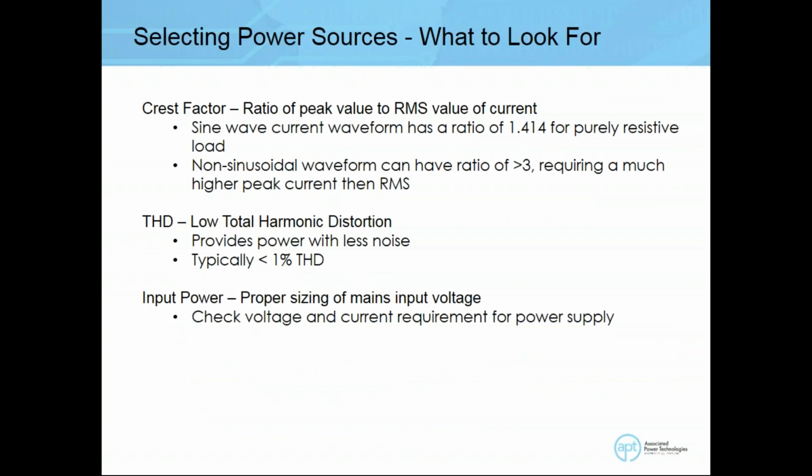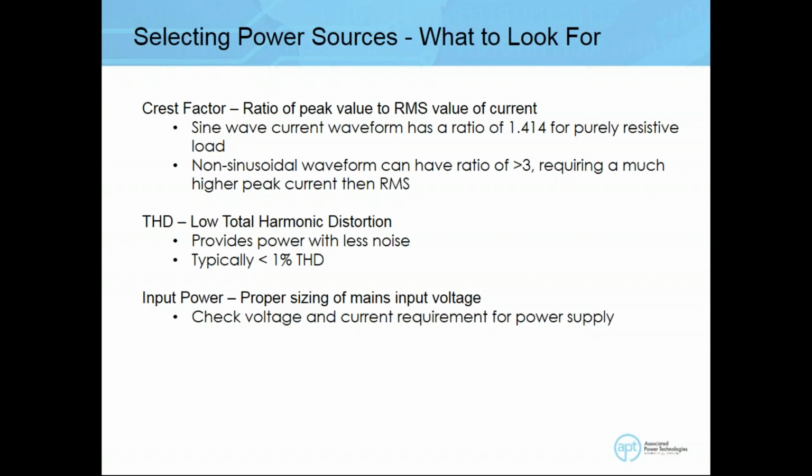Crest factor. When we have non-ideal loads, they would skew the sine wave in such a way where the peaks are much higher versus the RMS value. So when you have a much higher crest factor, you want to make sure that the power source is capable of driving these loads. A motor, an inductor, or some combination of a heating element with a motor in there may require a non-ideal sine wave.